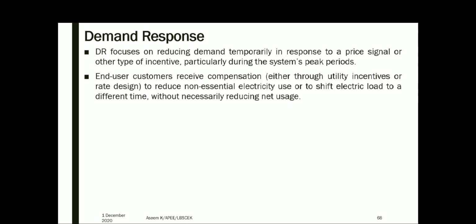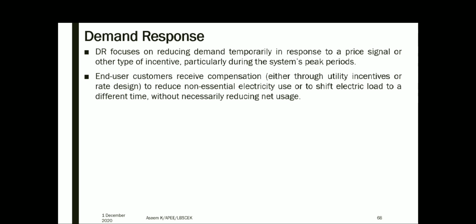End user customers receive compensation either as utility incentives or a reduction in their energy rate to reduce non-essential electricity use or shift their electrical load to a different time without necessarily reducing the net usage.